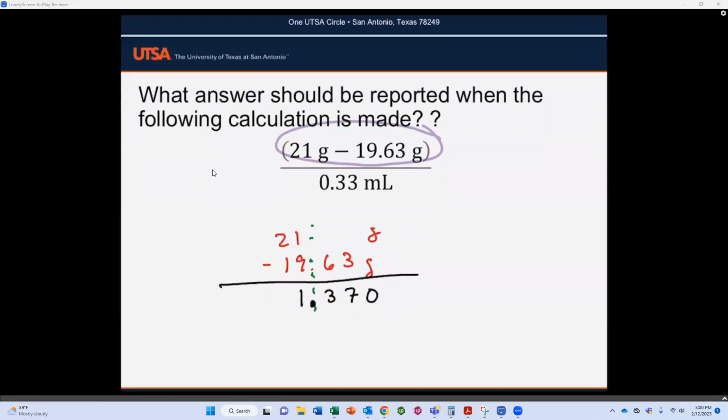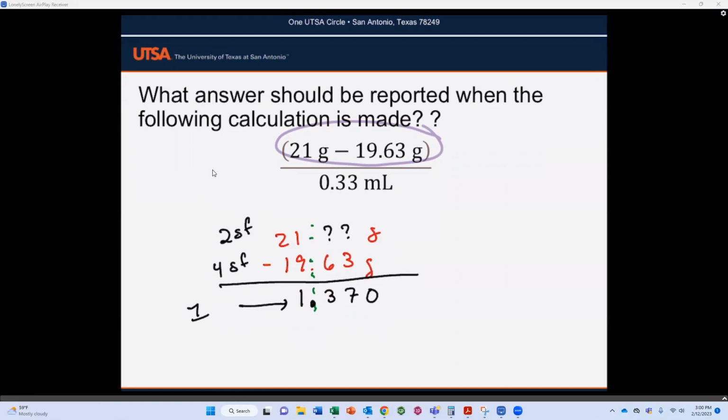And so again, I have 2 sig figs here. I have 4 sig figs here. But after I'm done with the calculation, how many significant figures can I report in my final answer? Only 1. Because why? Because that's the certainty. I do not know what's here. I do not know what's here. So I can't report the 0.370.